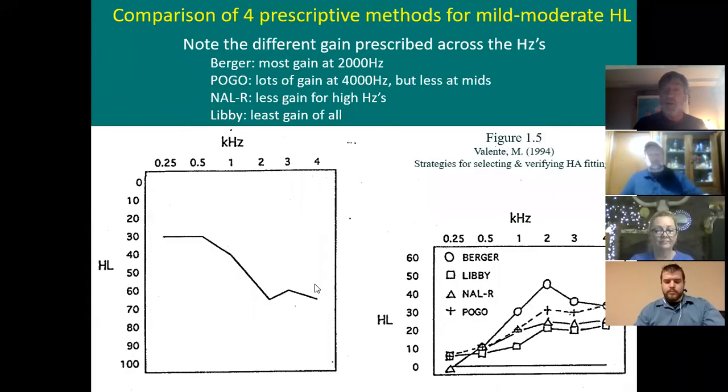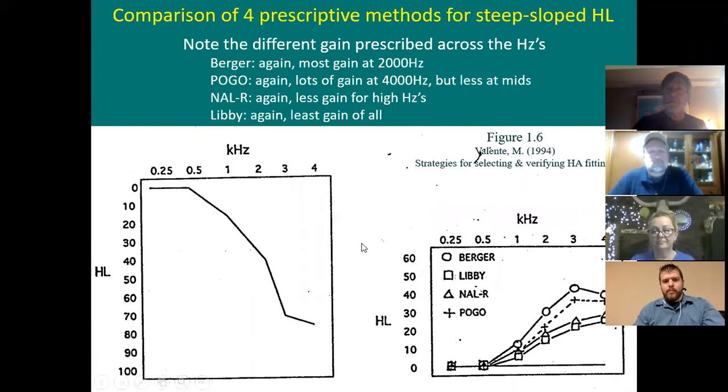Libby had an interesting approach, but NAL gave a little bit more than Libby, but it was the second weakest method. The second weakest. Look at our picture again here. Share screen. There. It's the triangles. So for this particular loss, it's the second weakest method. If you look at a different loss, more of a precipitous loss, all 4 of the methods give nothing in the lows because the guy's got no hearing loss in the lows.